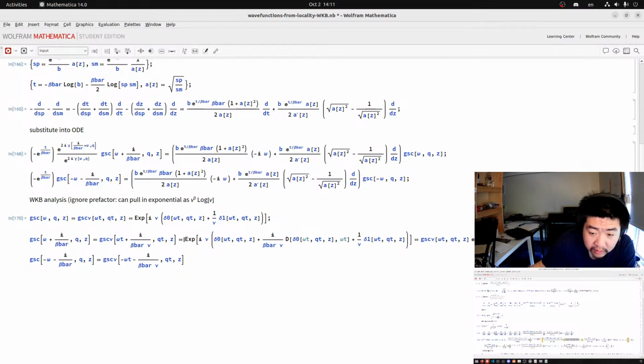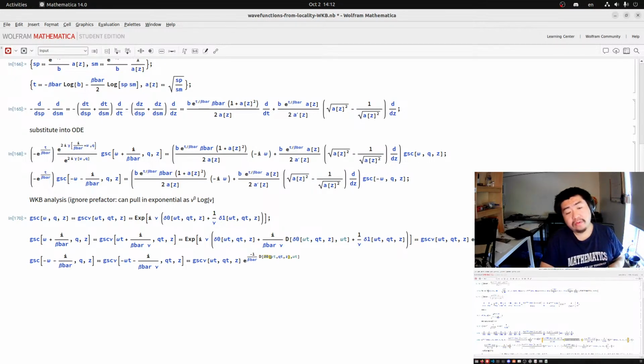So then the only difference is this becomes a minus, of course. But that's the thing, right? It's like I'm evaluating the derivative at minus.